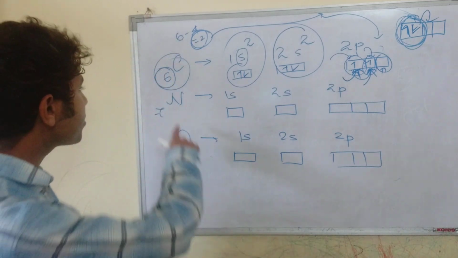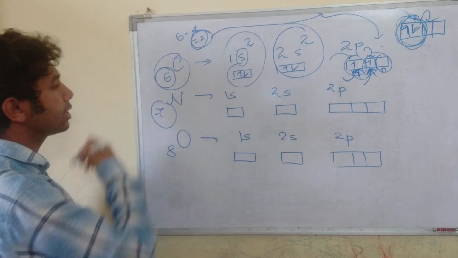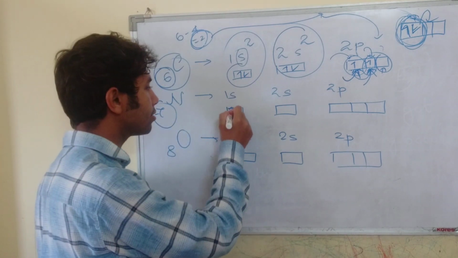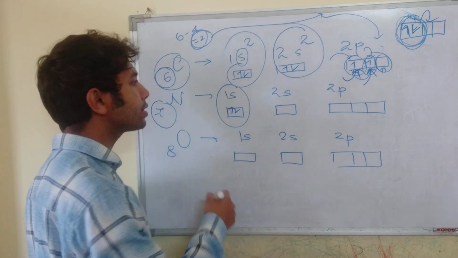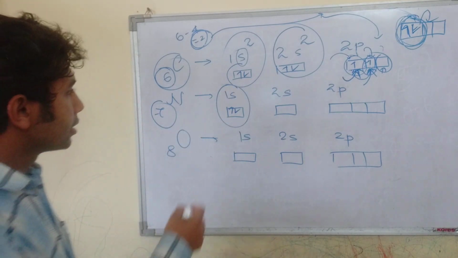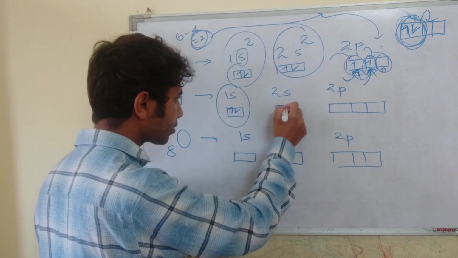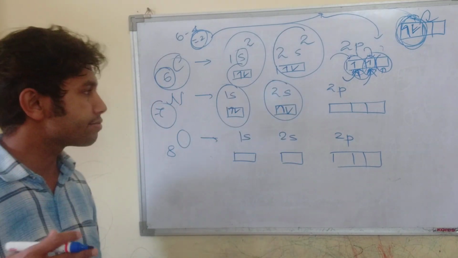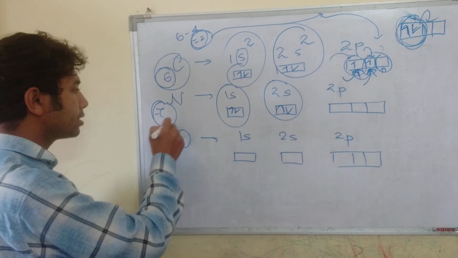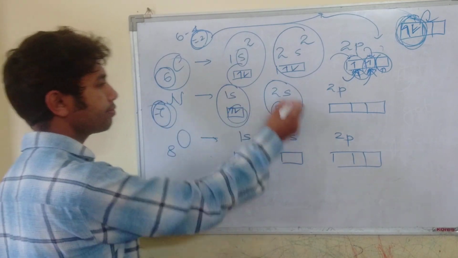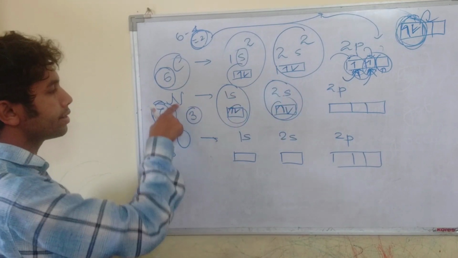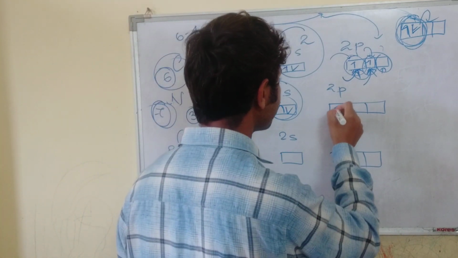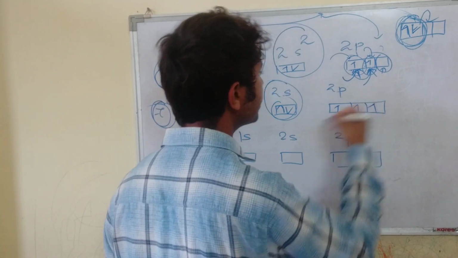In the case of nitrogen, 7 electrons are present. First 2 electrons we put in 1s, the next 2 in 2s. Then 2 plus 2 is 4, so another 3 electrons remain, which we put in the 2p orbitals, 1, 2, 3.